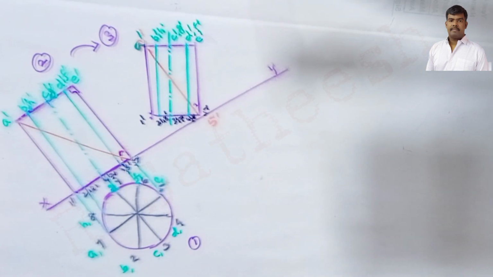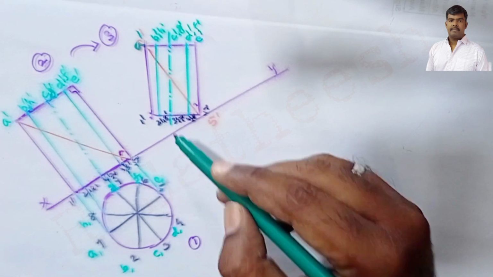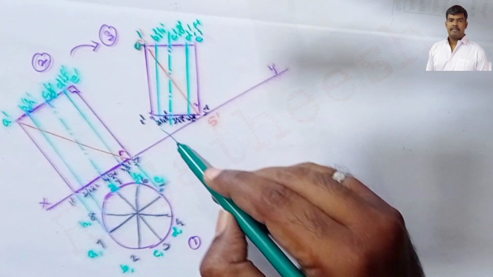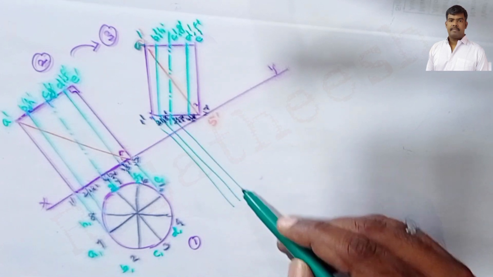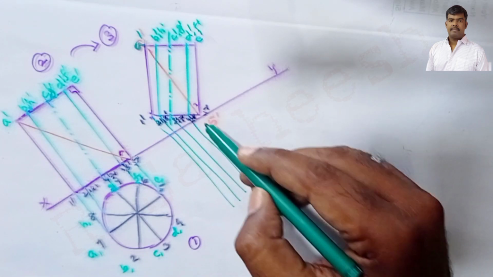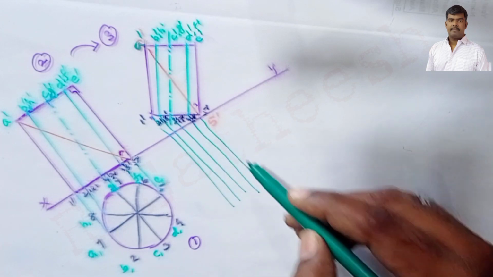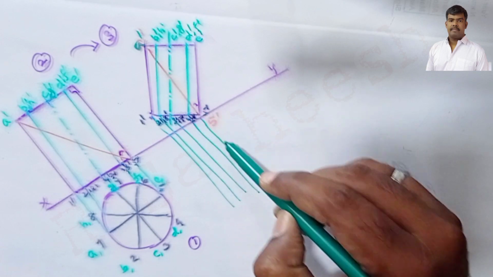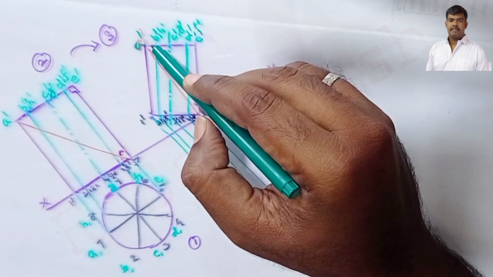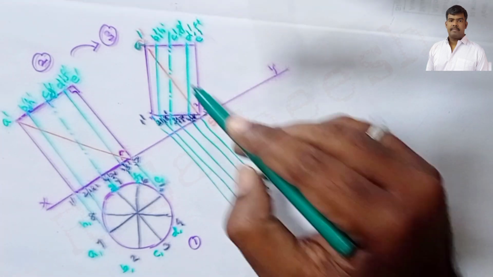Then we draw the projection lines from 1, 2 comma 8, 3 comma 7, 4 comma 6 and 5. Similarly, 1 and 5 both coincide. Sorry, A and 5 both coincide.